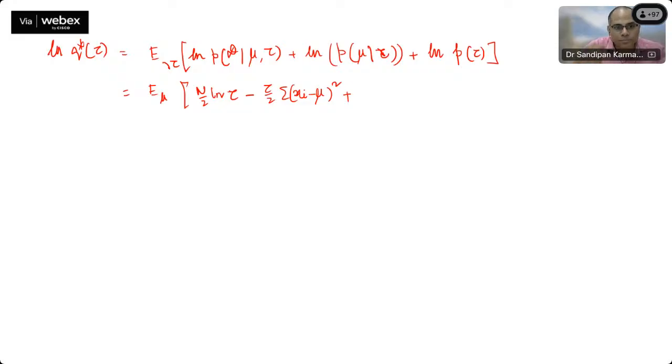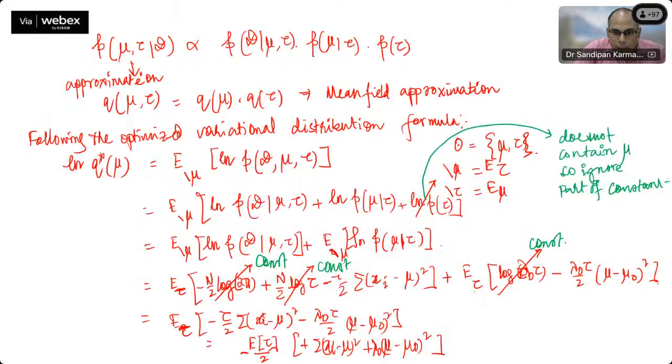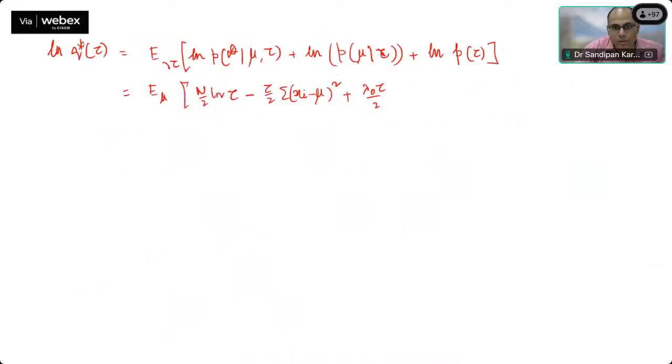So n by 2 ln tau minus tau by 2 summation of xi minus mu whole square. Next is lambda naught tau by 2, with log of lambda naught tau. Log of lambda naught tau gives log of lambda naught and log of tau, and log of lambda naught, coming outside, is not dependent on tau.